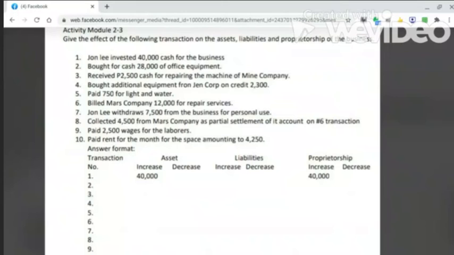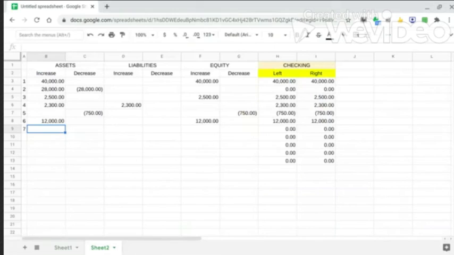So as I said before, kapag merong investment-related transaction, si owner and si business, papasok siya as equity. And since this is a withdrawal, mababawasan yung equity ni owner. Okay? So, that means babawasan natin ng 7,500 yung investment ni owner or yung equity ni owner dito.